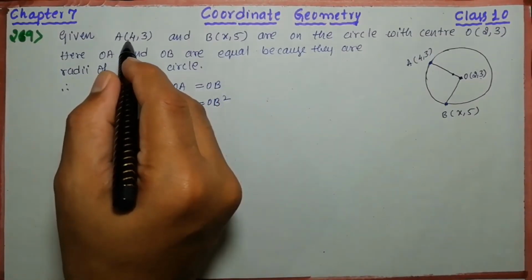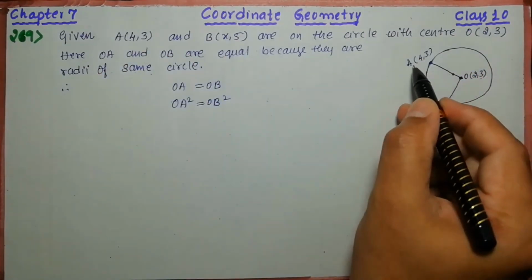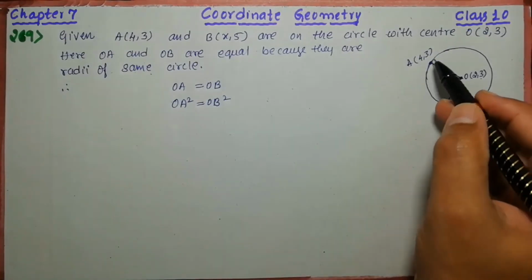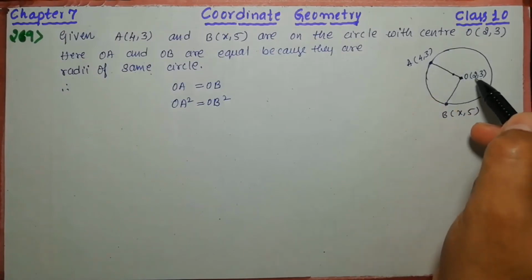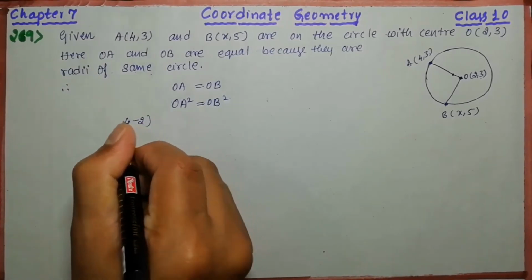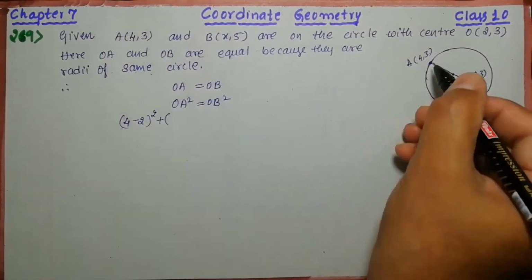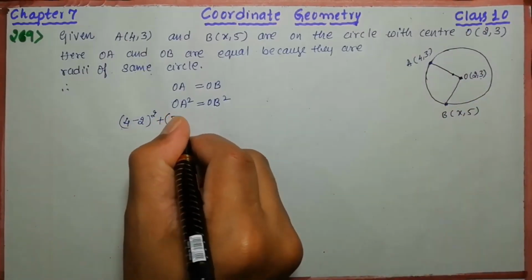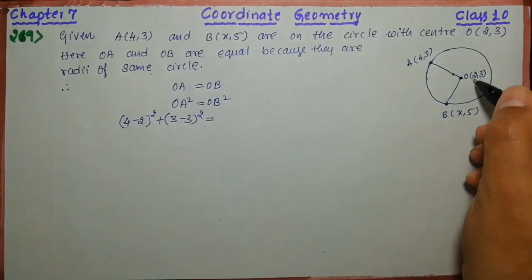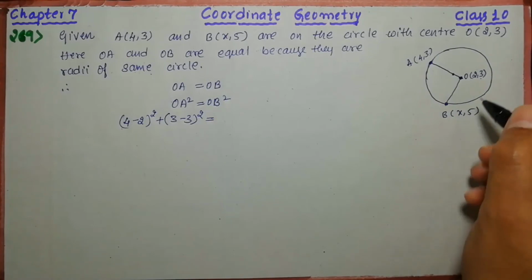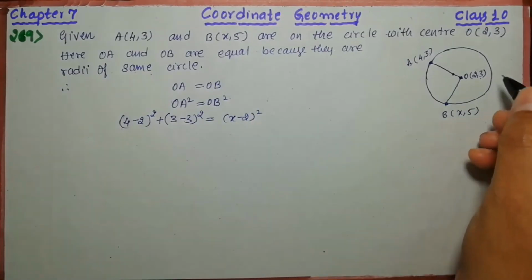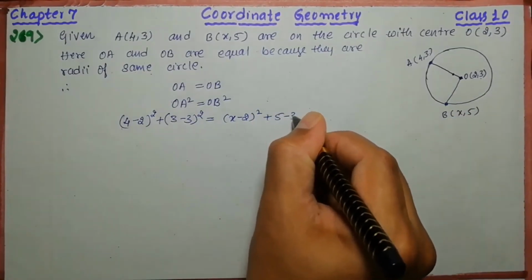For OA, I'm going to choose this one as x2 comma y2, and this one as x1 comma y1. x2 minus x1 becomes 4 minus 2 whole square, plus 3 minus 3 whole square, which is equal to OB square. For OB, I'm going to choose this one as x1 y1 and this one as x2 comma y2. x2 minus x1 means x minus 2 whole square, plus 5 minus 3 whole square.